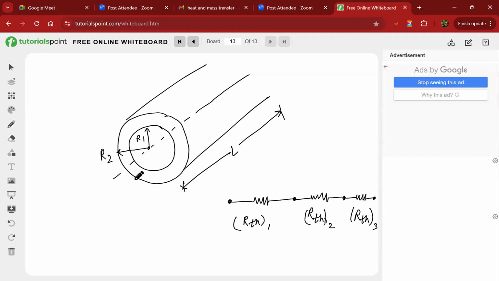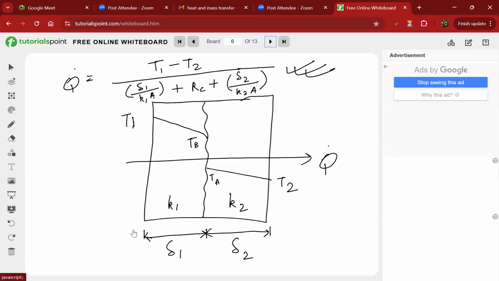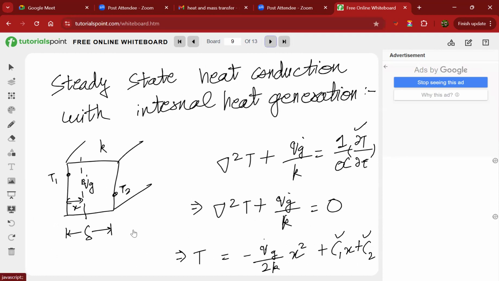So now, how can we define RTH1, RTH2, and RTH3? RTH1 in convection mode is represented by 1 by hA.